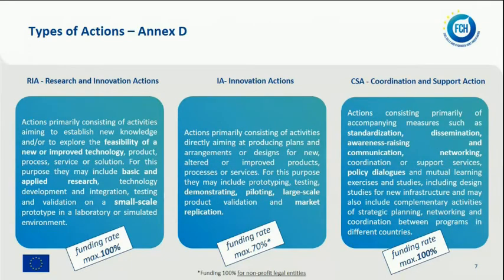Innovation action, in the middle, consists of more prototyping, testing, validation, large-scale product validation, closer to the market. There, the funding provided to profit-making entities is 70%, and for public entities, 100%. The last type of action, coordination and support action, CSA in short, is about dissemination, awareness raising, standardization, policy, and so on. 100% of funding for any type of entity.